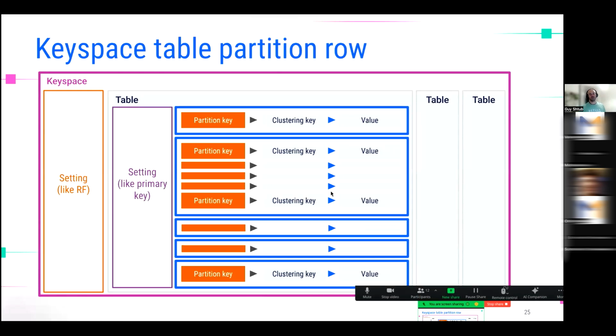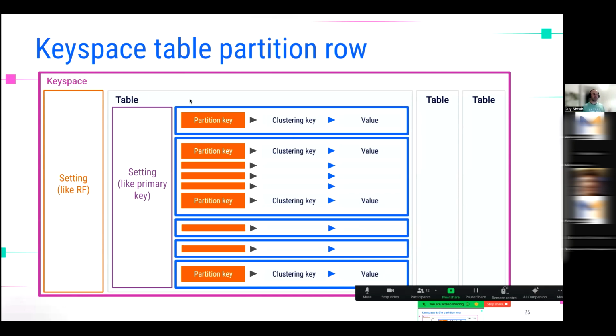Okay, so I'm going to be talking about some concepts in data modeling. I touched on some of them. The first one is keyspace. So a keyspace, like I said, is a container. Here in pink, it's a container of tables. It can have one or more tables. Some applications have just one keyspace.